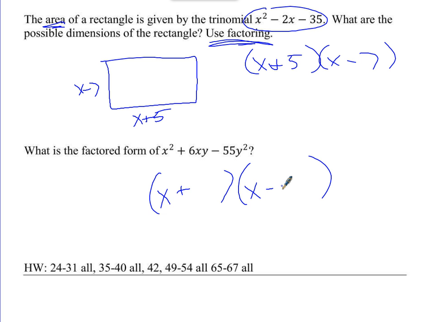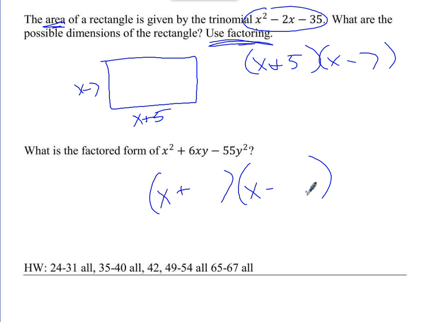And now my two numbers that I put here and here have to multiply together to give me negative 55y squared. They have to add together to give me a positive 6xy, which means that the bigger number has to be what? Positive. So whatever the bigger number is that I pick, it has to go here. The smaller number is going to go here.